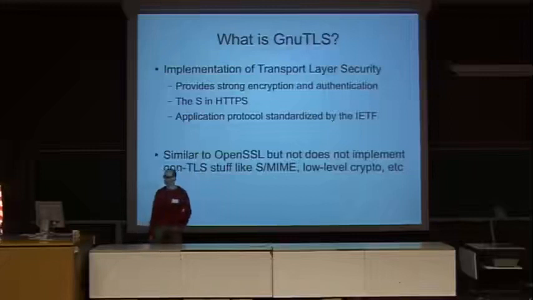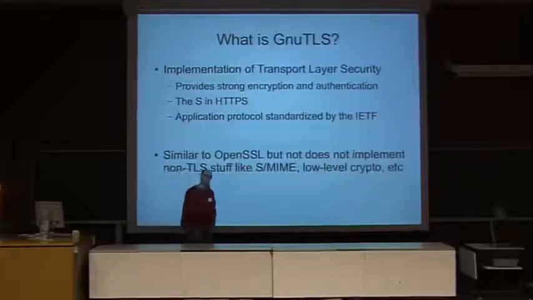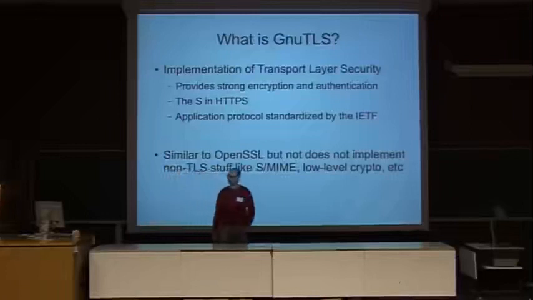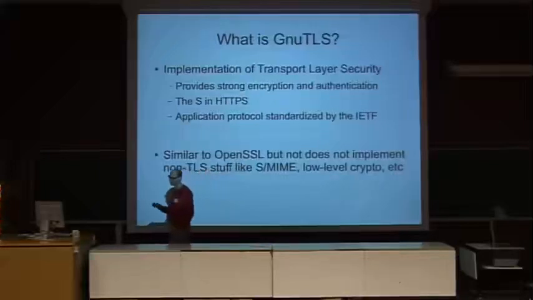So hopefully GNU2LS will be less bloated than OpenSSL. Still, it would be nice to make things more modular, but at least it's smaller than OpenSSL. The X509 stuff like OCSP is not supported either. I'll talk about this later.